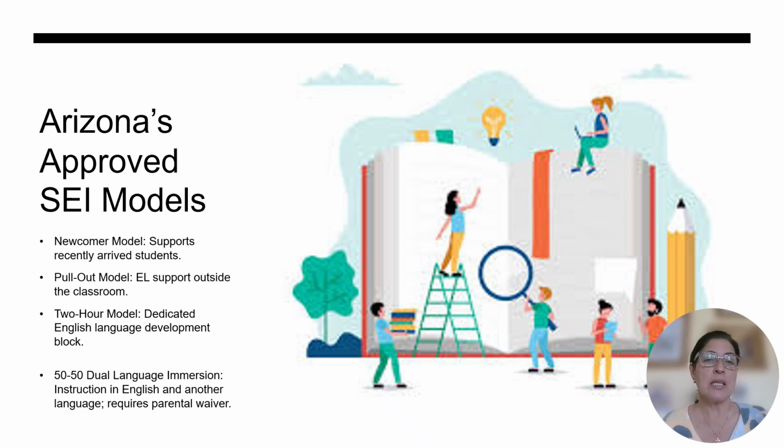Pull-out model is EL support outside the classroom. Two-hour model is dedicated English language development blocks within the classroom. 50-50 dual language immersion is instruction in English and another language, and requires a parental waiver.